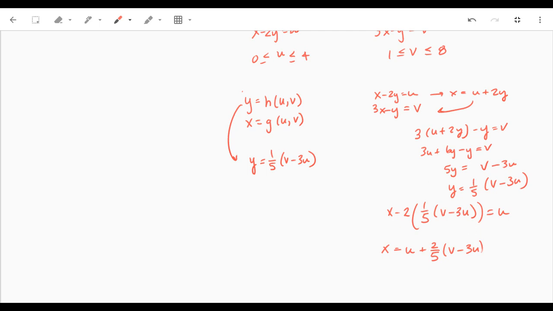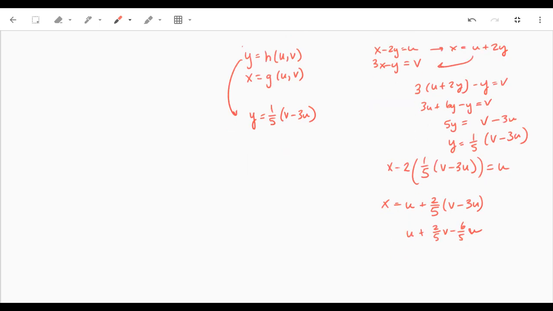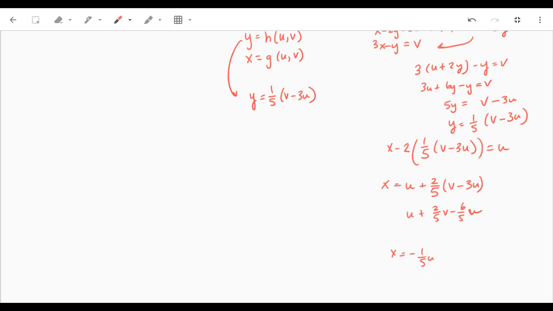So we've got u plus 2/5 v minus 6/5 u. So x is negative 1/5 u plus 2/5 v. We could factor out a 1/5 and be left with 2v minus u. So x is 1/5 (2v minus u). Okay, good so far?